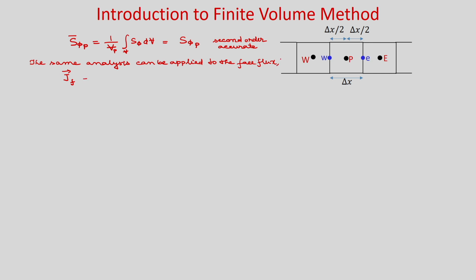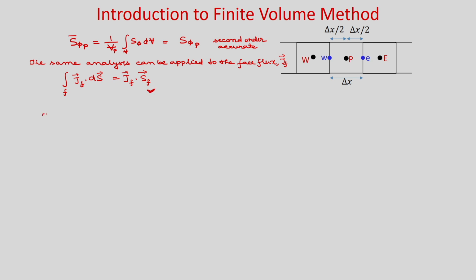So, you can write the integral over the phases of JF dot ds, whatever we are doing. So, that we can write as JF dot SF, which is your second order accurate, okay, using mean value approximation.